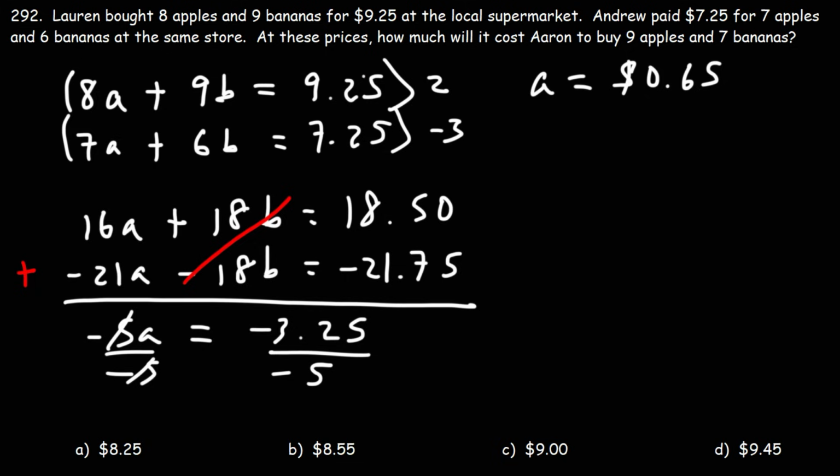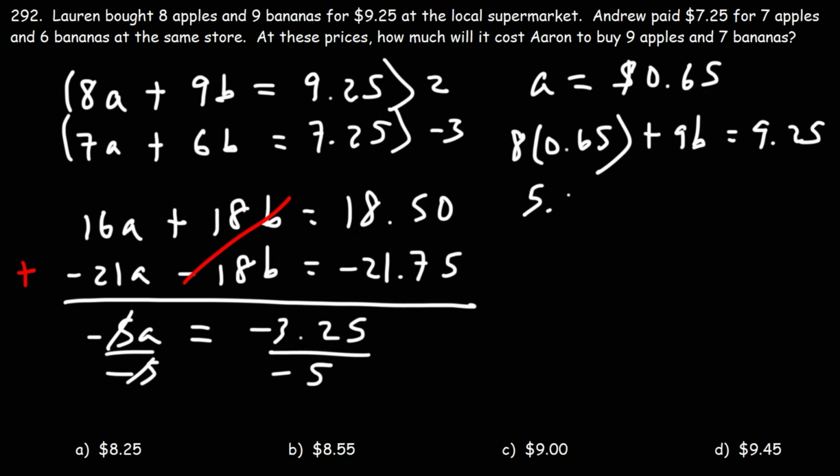Now, I'm going to use the original first equation to get the price of a banana. So 8a, I'm going to replace a with 65 cents, plus 9b is equal to 9.25. 8 times 0.65, that's 5.2 or 5.20.